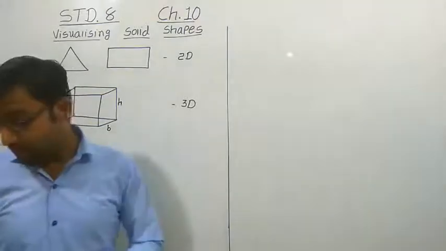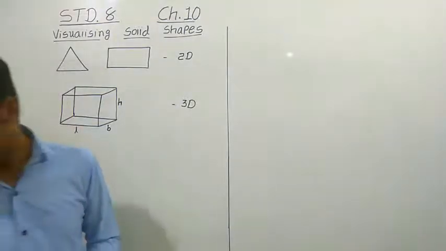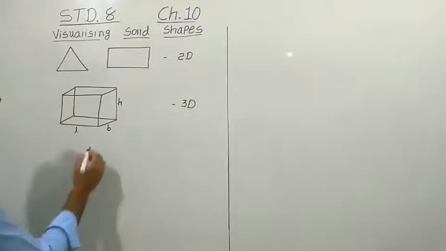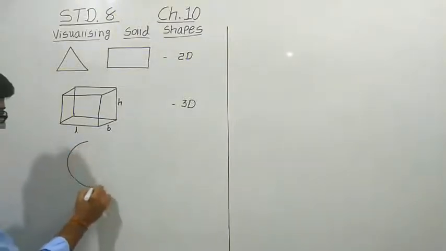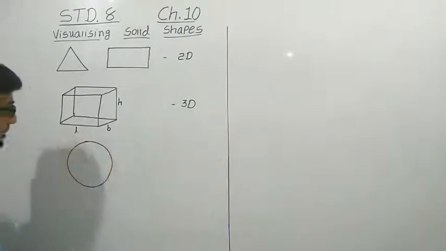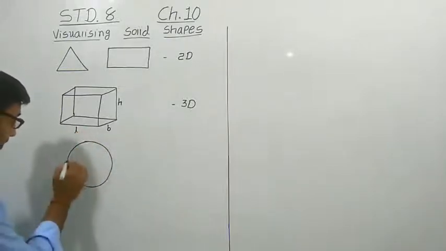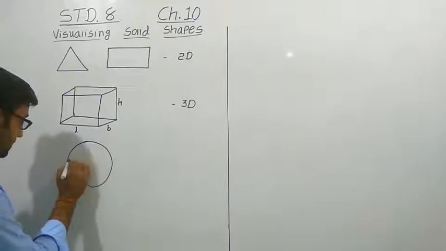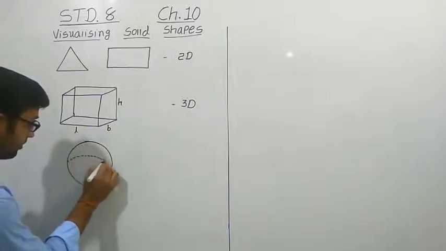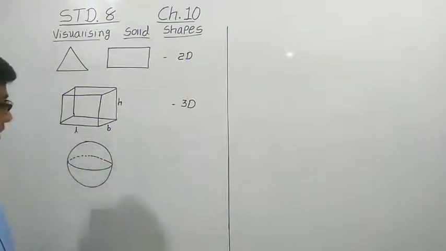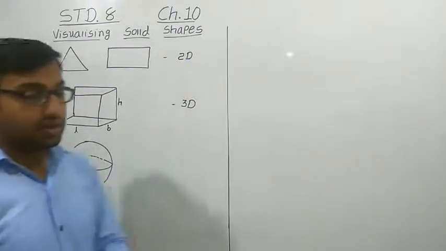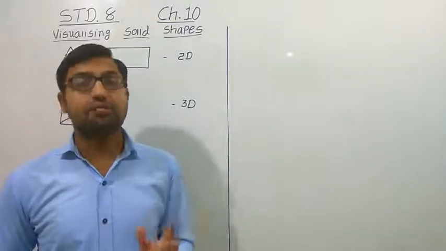There are many other shapes, like we can call a sphere a 3D shape, right? Sphere is like this. We cannot draw the solid shape of the sphere, but we can make it like this. Now it will look like a 3D shape. You can imagine that you have a cricket ball, then the cricket ball is what?